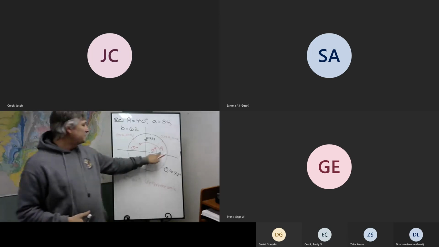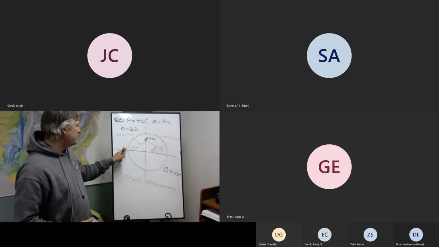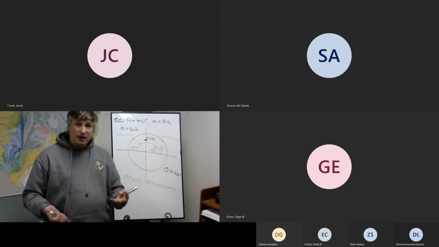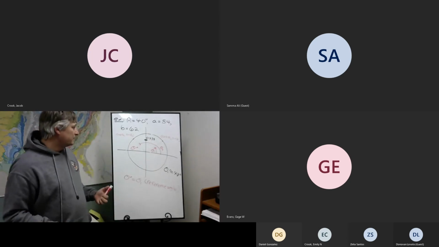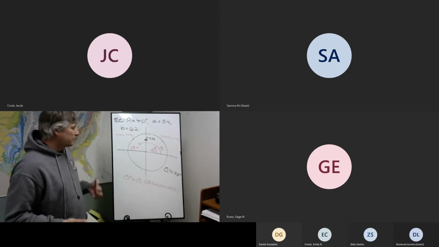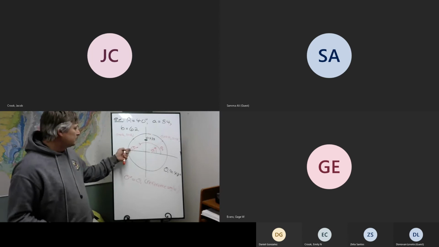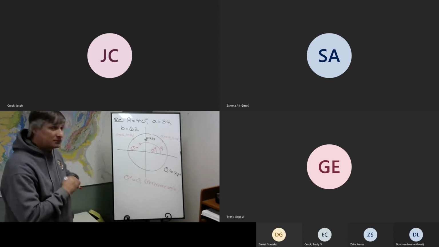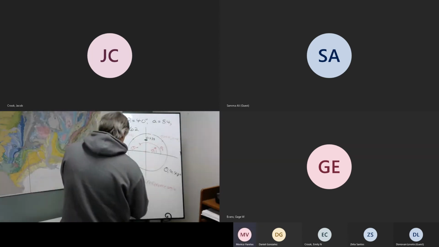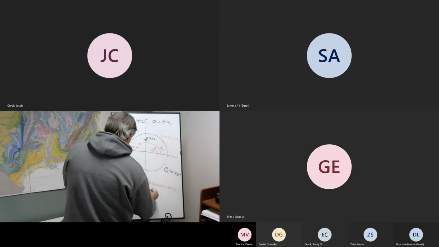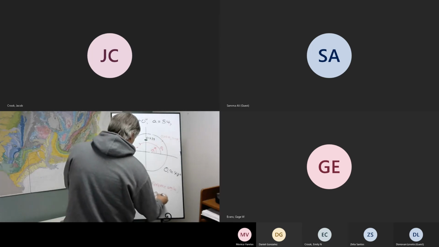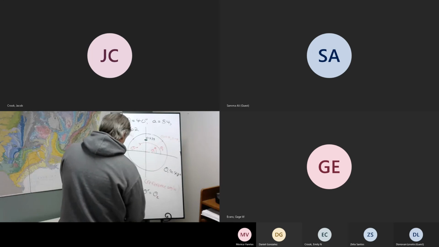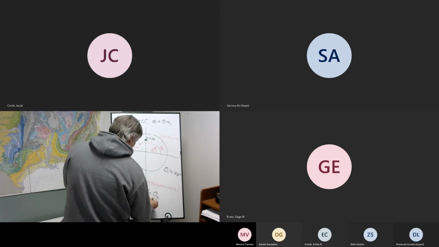So to find theta 2, we take 180, or pi, and we stick with degrees, from 180 degrees we subtract this reference angle. And again, it's approximately 48.